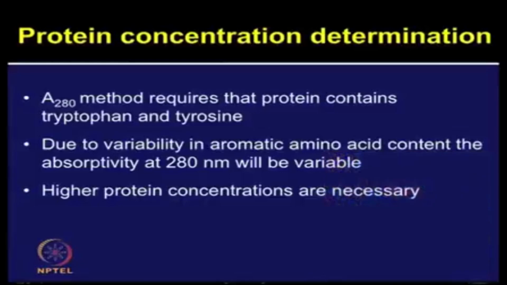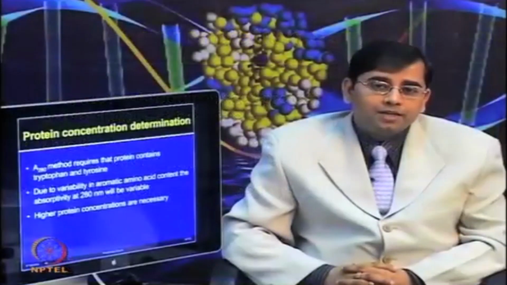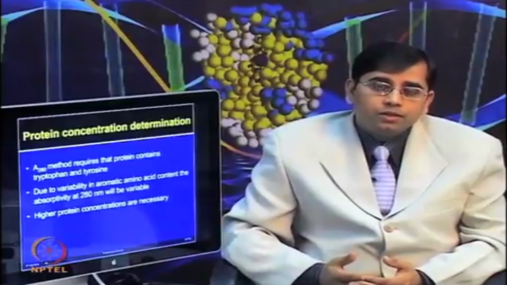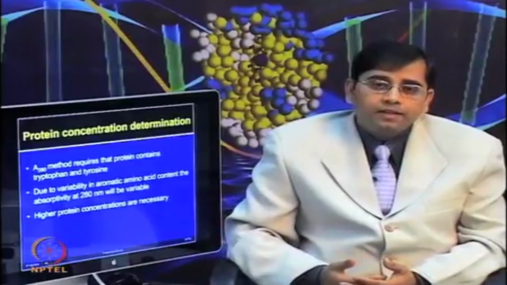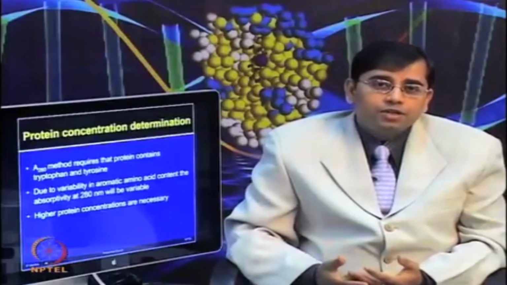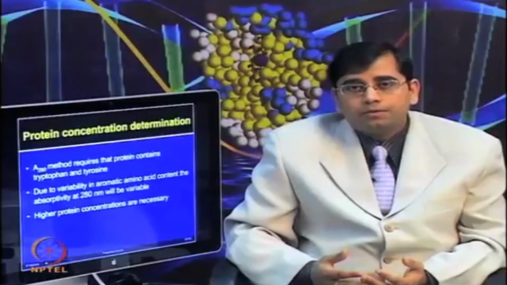Higher protein concentration is not always possible for you to obtain from your protein sample. So, you need to quantify the proteins even if you have the lower protein concentration. So, this method has some limitations. One, the aromatic residues have to be there to obtain the absorption at 280 nanometers, and the protein concentration should be in very high amount.